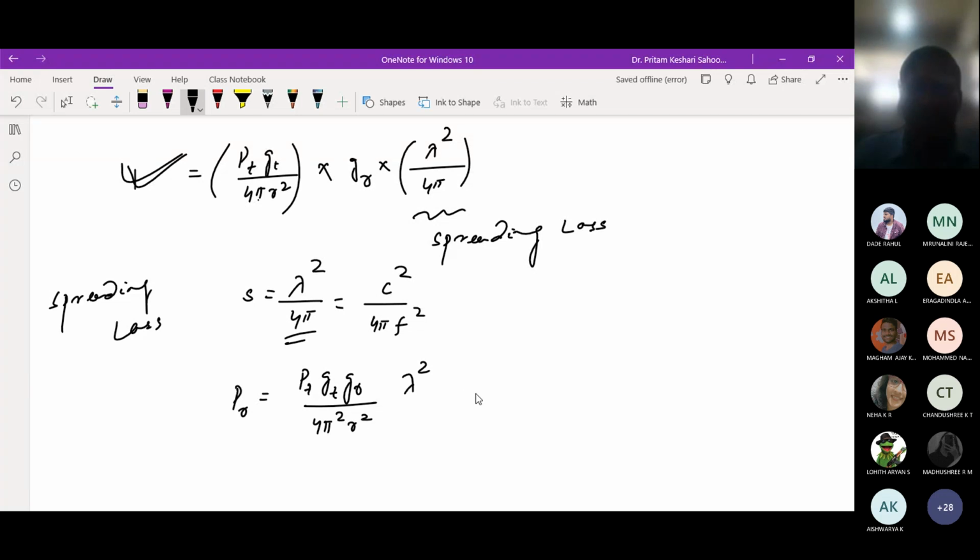Is it correct? So PR is PT GT GR, where PT is the transmitted power, GT is the gain of the transmitter antenna, GR is the gain of the receiving antenna, divided by 4 pi r by lambda square. Are you agree?